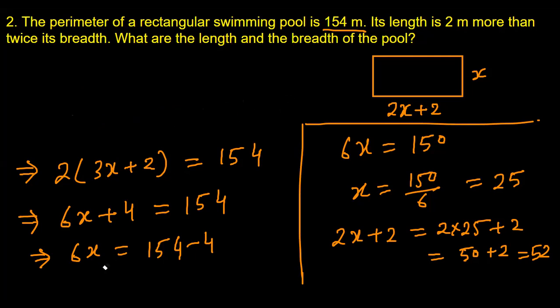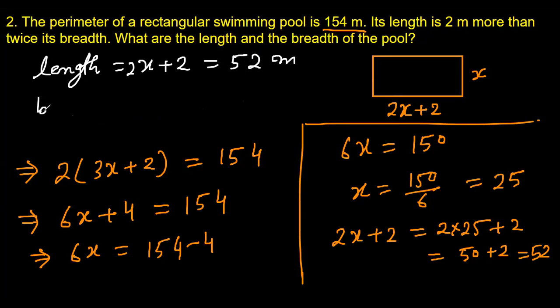So we can say, therefore, length is equal to 2x plus 2, that is 52 meters. And breadth is going to be x, that is 25.